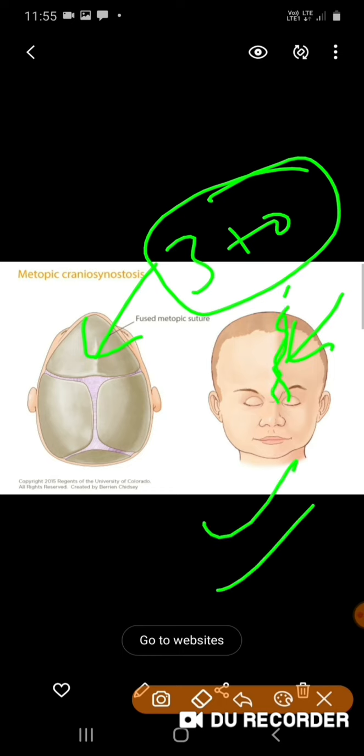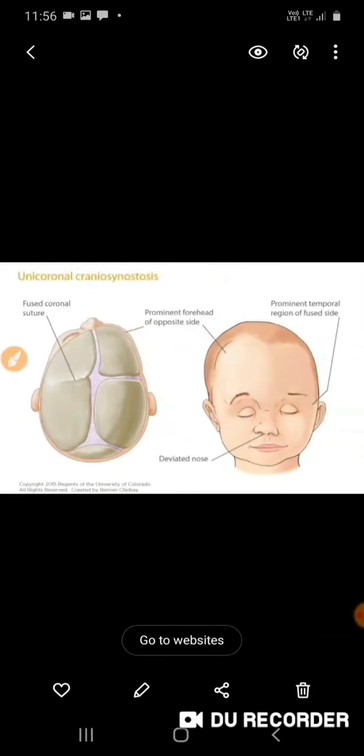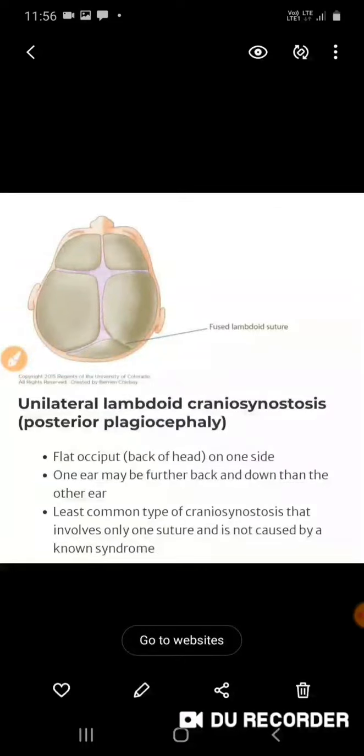So these are various kinds of craniosynostosis: sagittal craniosynostosis, metopic craniosynostosis, and unicoronal craniosynostosis.